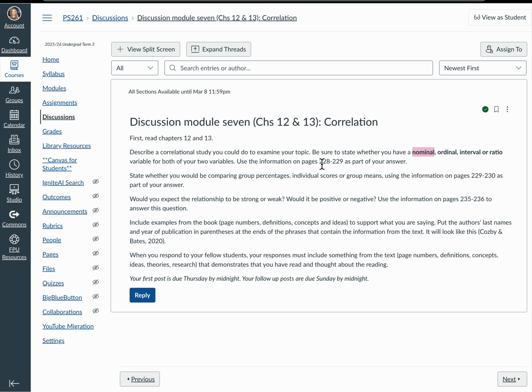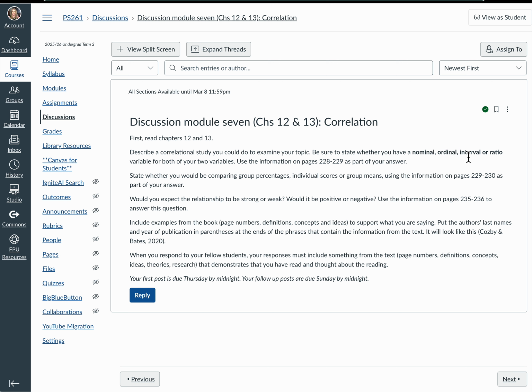Remember, this is already discussed in your book, but nominal means it's just different by name, like what state do you live in. Ordinal would be different in some way, like on a scale of 1 to 10, how happy are you? But the difference between somebody's number 3 and somebody's number 4 isn't a particular number of better or worse.